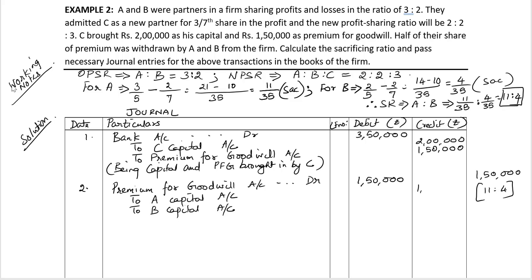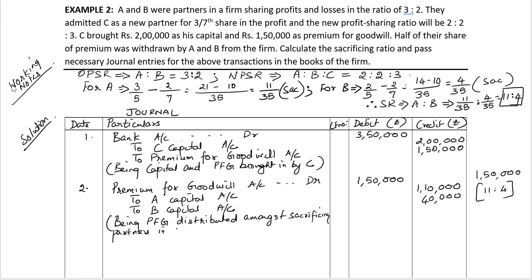So it's 1,10,000 against A and 40,000 against B. Narration: Being premium for goodwill distributed amongst sacrificing partners in sacrificing ratio.